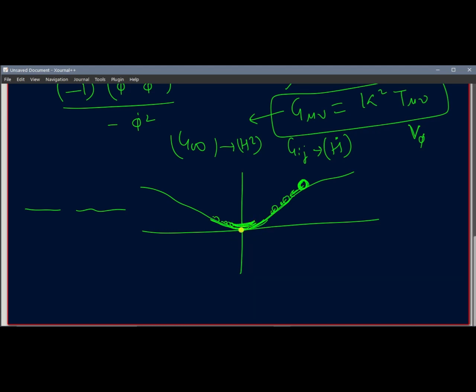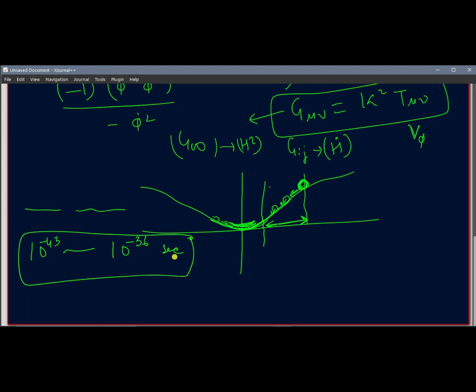As it reaches this minimum, the inflation ends. So this is the beginning and this is the ending, and inflation has a time span. Inflation occurred from about 10 to the minus 43 to 10 to the minus 36 or 33 seconds after the Big Bang. So the field was like this, and after that it came to the minimum.